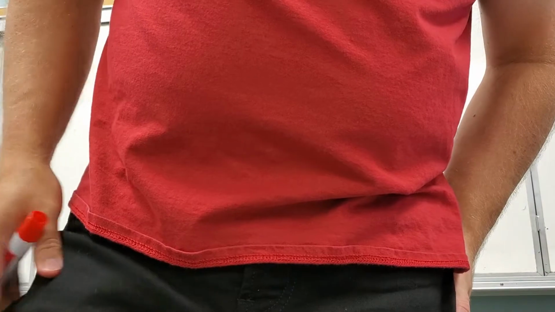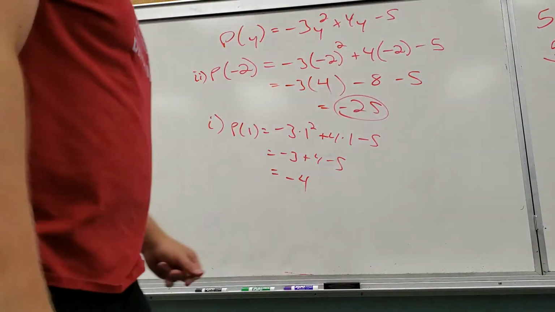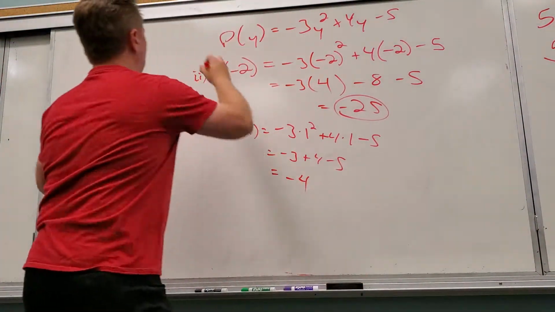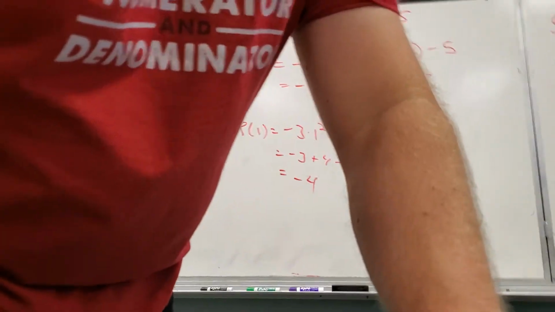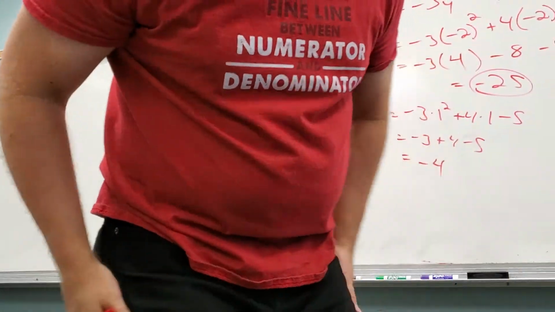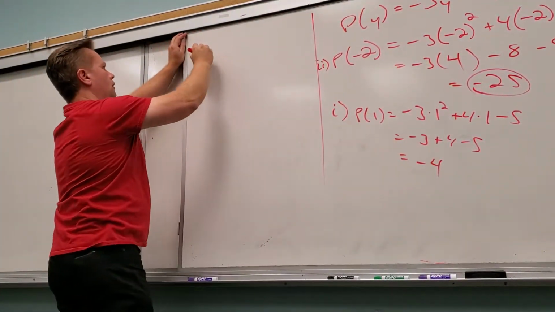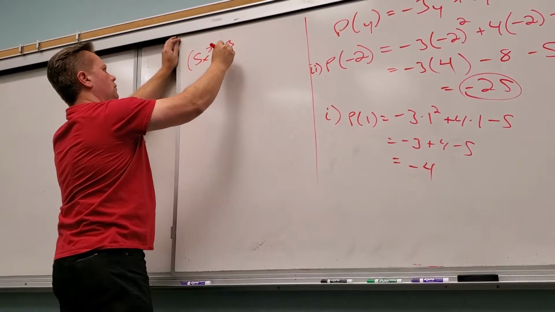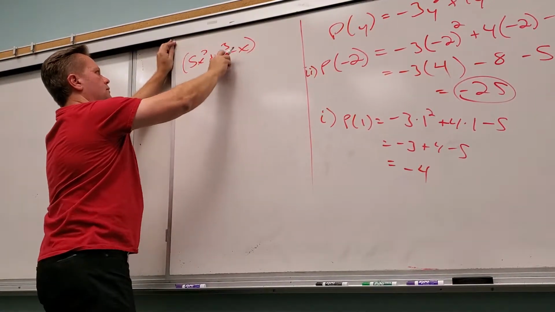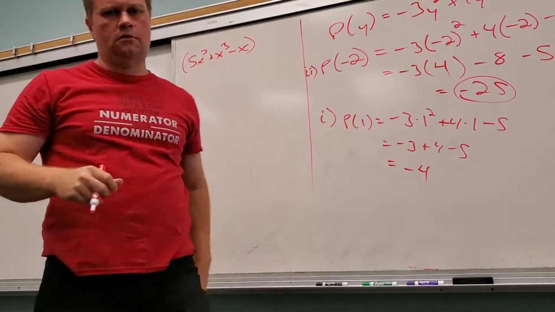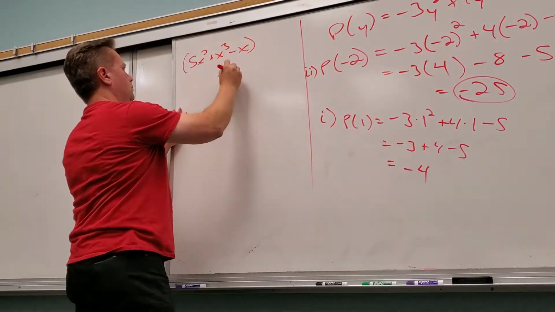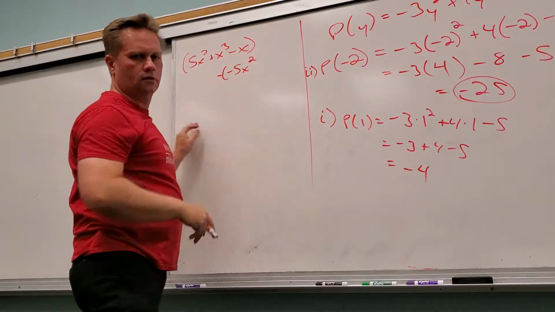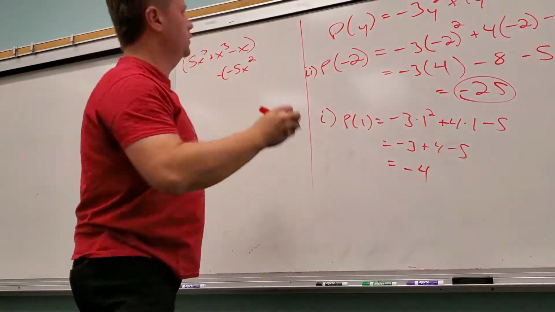And then the last thing here is, what do I have to be careful about on a problem like this? 5x squared plus x cubed minus x, I think it says, minus negative 5x squared minus 4x cubed plus 3x.